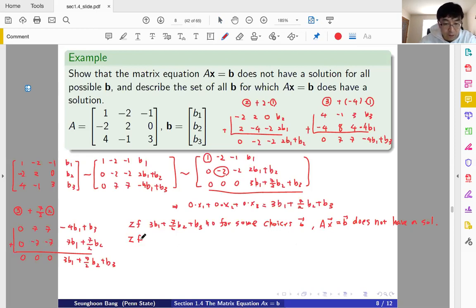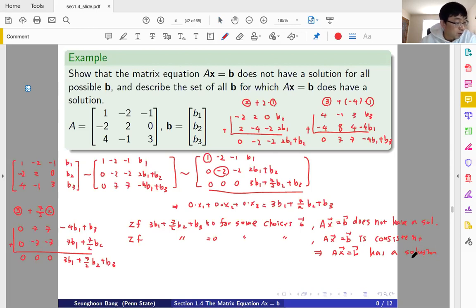But if this equals 0, for some choice of B, what happens? AX equals B is consistent. So AX equals B has a solution. In this case, we have infinitely many solutions because we have a 0x equals 0 form.